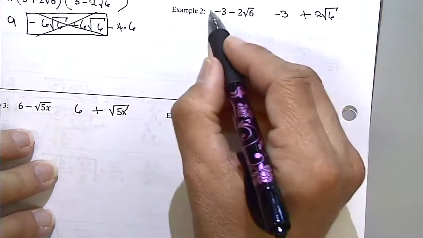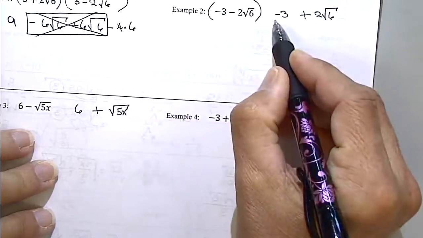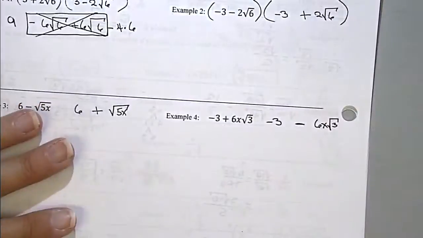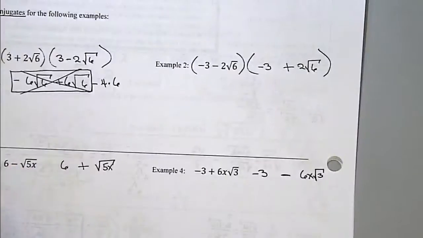In other words, take -3 minus 2 times the square root of 6 and multiply it times -3 plus 2 times the square root of 6. Remember, inside and outside terms with conjugates are going to cancel each other out. Try it with this one, but then see if you see the shortcut, okay?